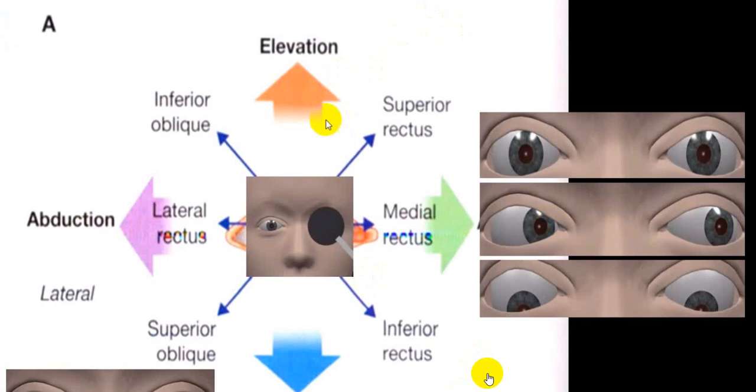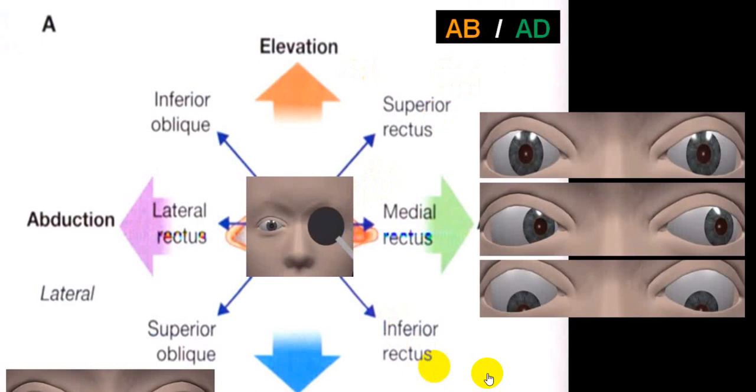Now when you remove this cover and you ask the person to look medially, laterally, upward, downwards, and then we combine the angles, that is upward and outwards, downwards and outwards, upward and medially, downwards and medially, there is a group of muscles which will be working together in the right eye as well as the left eye.